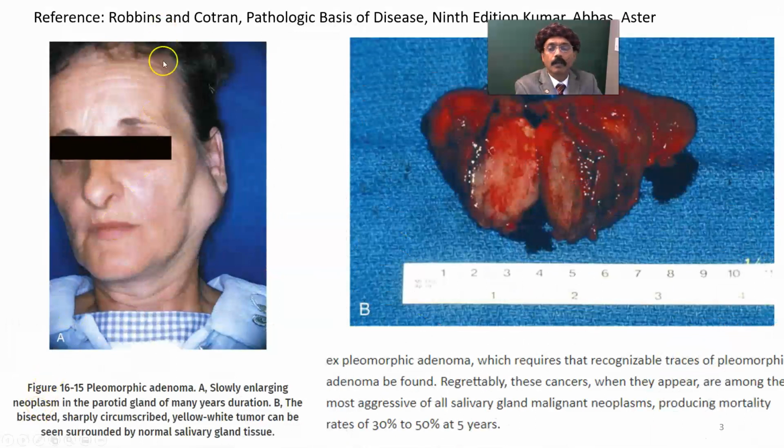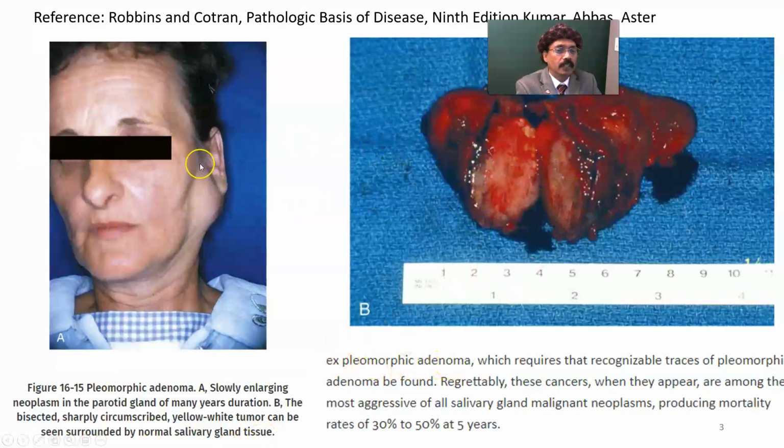Now we are looking at a pleomorphic adenoma, a slowly enlarging neoplasm in the parotid gland of many years' duration. Here, this gland has transformed into malignancy. A sharply circumscribed yellow-white tumor can be surrounded by normal salivary gland tissue. This is carcinoma ex pleomorphic adenoma.